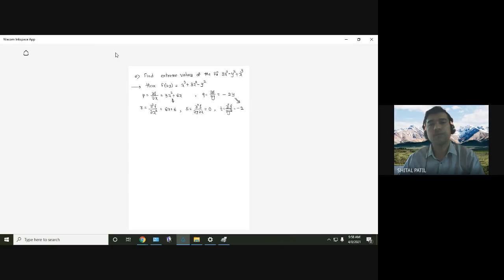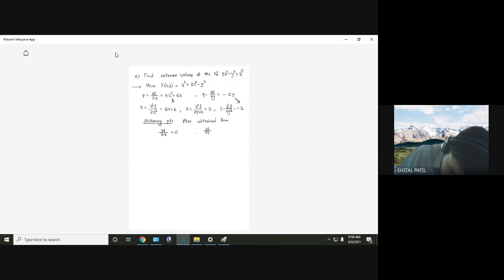So now p, q, r, s, t. Stationary points are obtained from del f by del x equal to 0.